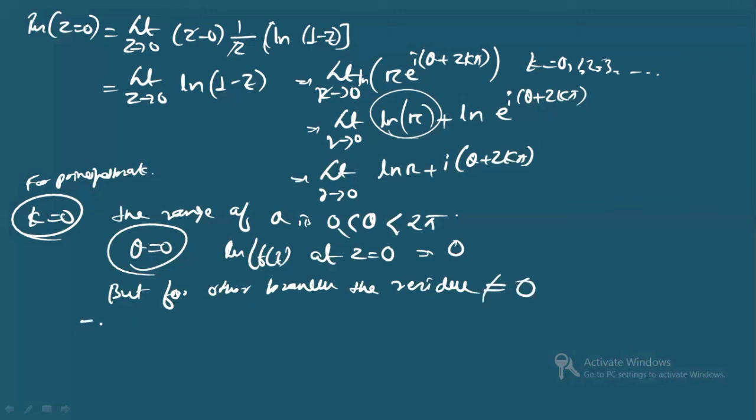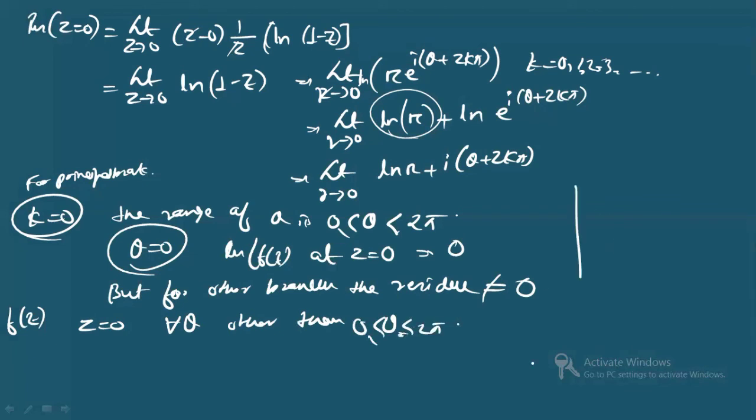So you will see the function has z equals 0 as a pole, and it will be for all theta other than theta greater than or equal to 0, less than 2 pi.